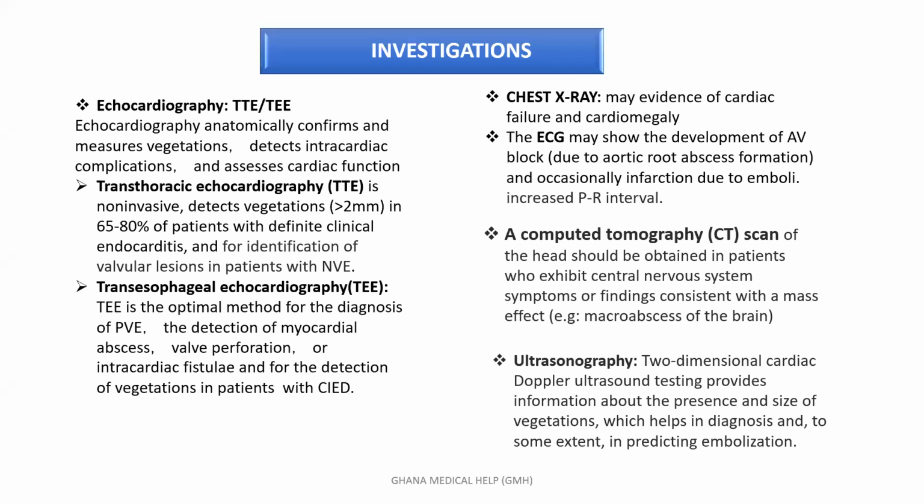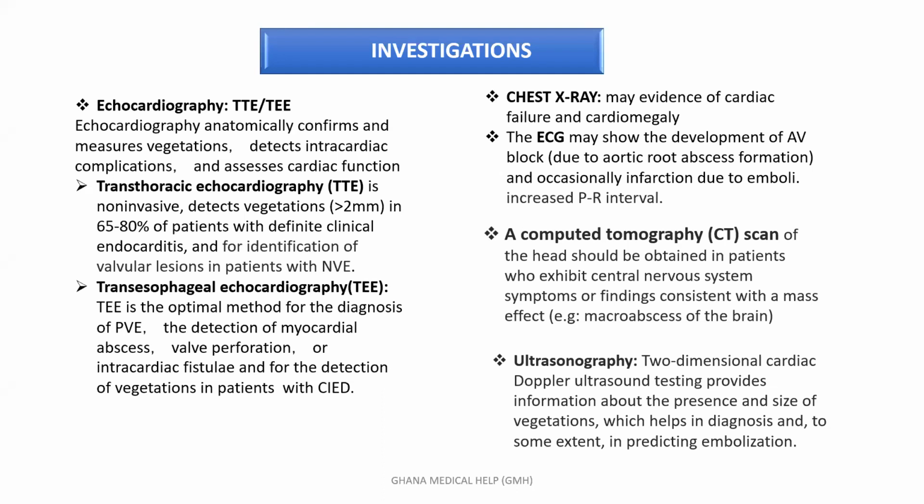Echocardiography, that is both the transthoracic echocardiography and the transesophageal echocardiography, must be done. The echocardiography confirms and measures vegetation, detects intracardiac complications, and assesses the cardiac function. Transthoracic echocardiography is non-invasive, and it can detect vegetations more than 2 millimeters in diameter in 65 to 80% of patients with definite clinical endocarditis, and also identifies valvular lesions in patients with native valve endocarditis.